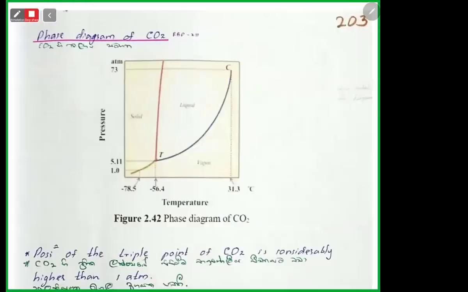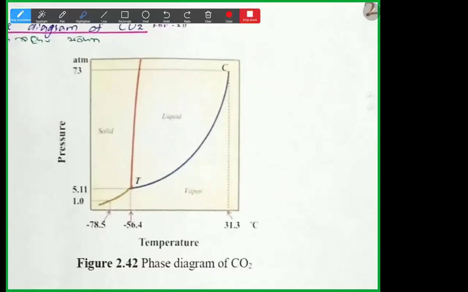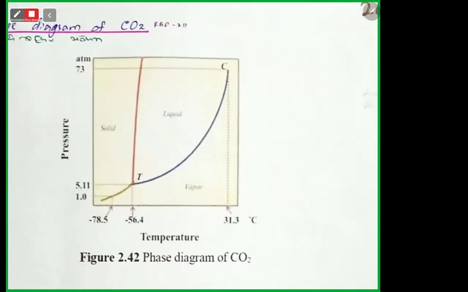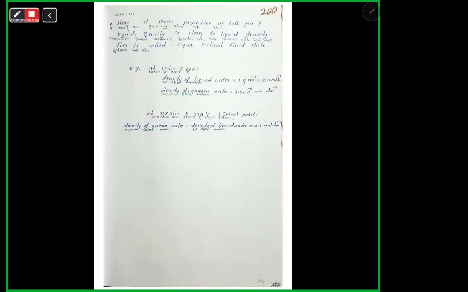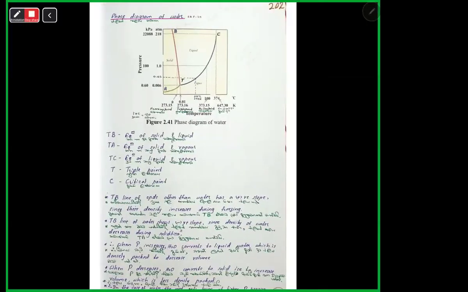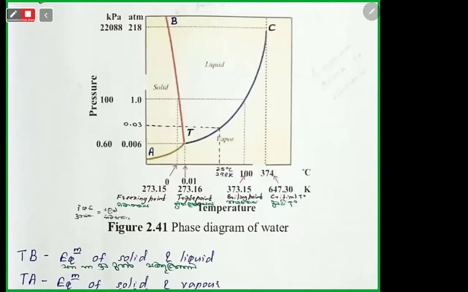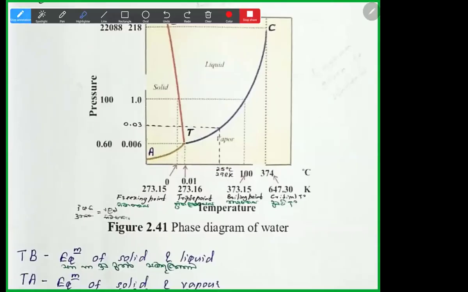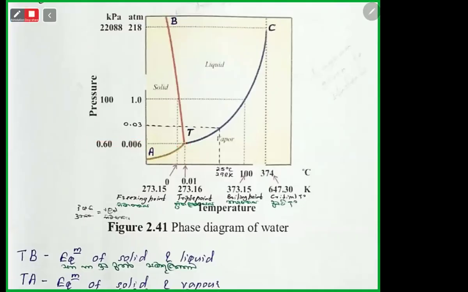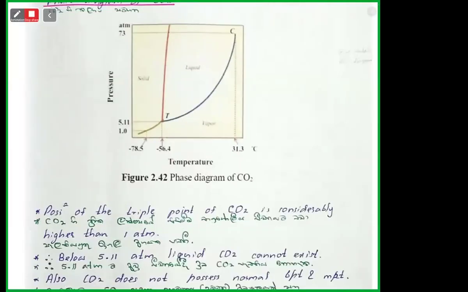Another condition that they are giving is carbon dioxide. Here the critical point is here. At the critical point, pressure is 5.1. But see all these other conditions, for water the critical point is less than room pressure or 1 atm, but here it's greater.